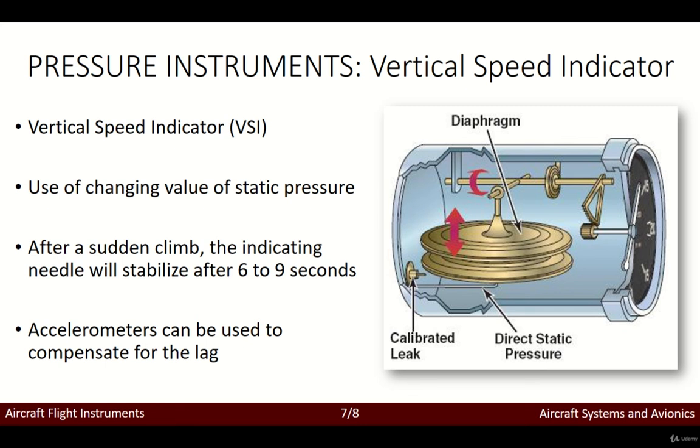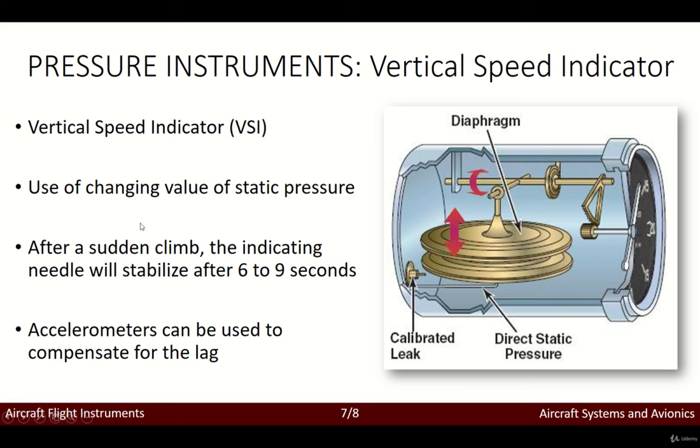If an aircraft is maintaining level flight and the pilot pulls back on the control yoke, causing the nose to pitch up, the VSI needle will move upward to indicate a climb. If the pitch attitude, which is the climbing rate, is held constant, the needle will stabilize after a short period, from 6 to 9 seconds.